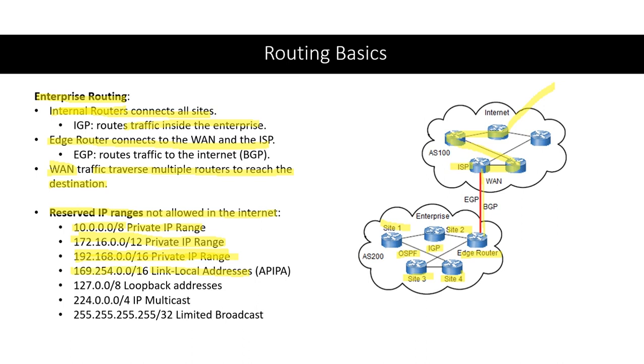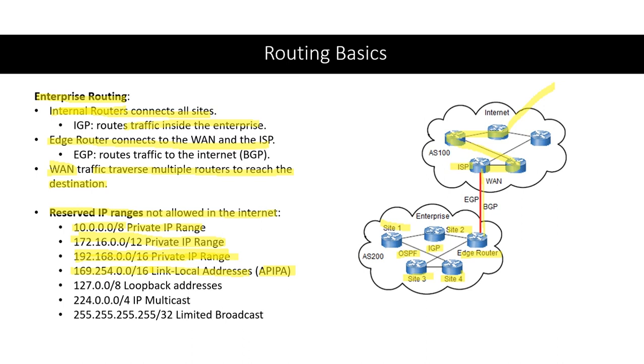Another IP range that's not allowed on the internet is the link local. This is 169.254.0.0/16, meaning that anything that starts with 169.254 is not allowed on the internet. Windows calls it APIPA, but it's a link local address.